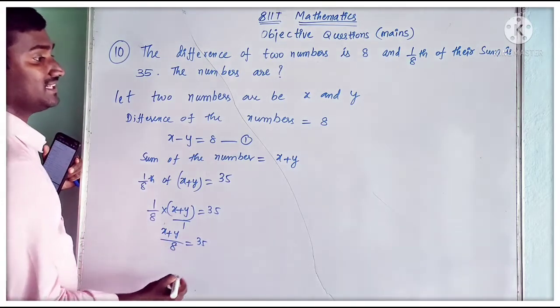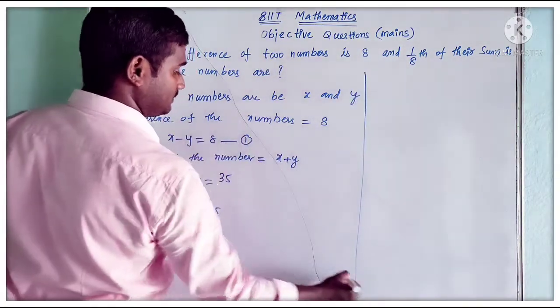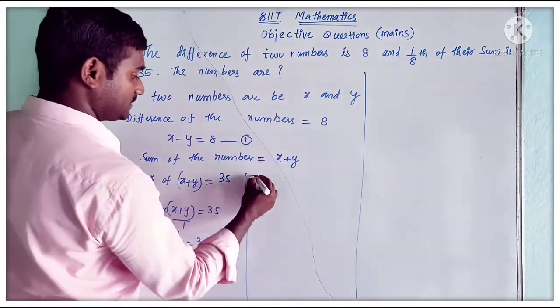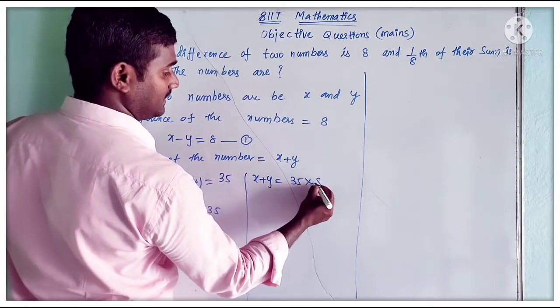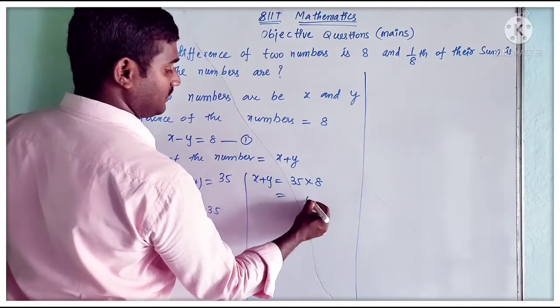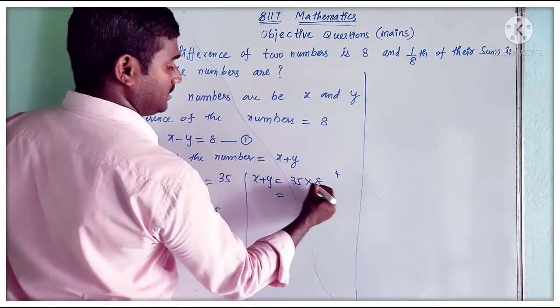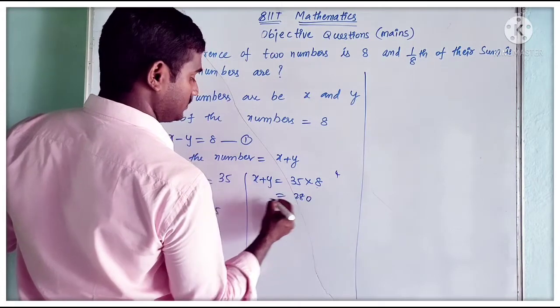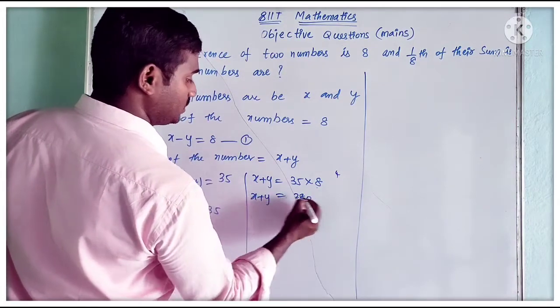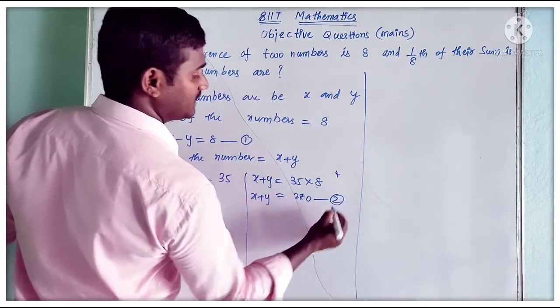So 8 you can send to the right side, so x plus y equal to 35 into 8. 8 fives are 40, 8 threes are 24, 28. So x plus y equal to 280. This is equation 2.